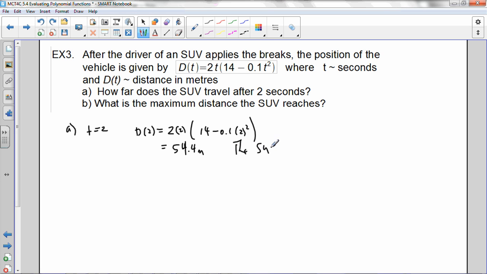The SUV is 54.4 meters away. What's the maximum distance the SUV reaches? Well, for that we need a graph or a graphing calculator.